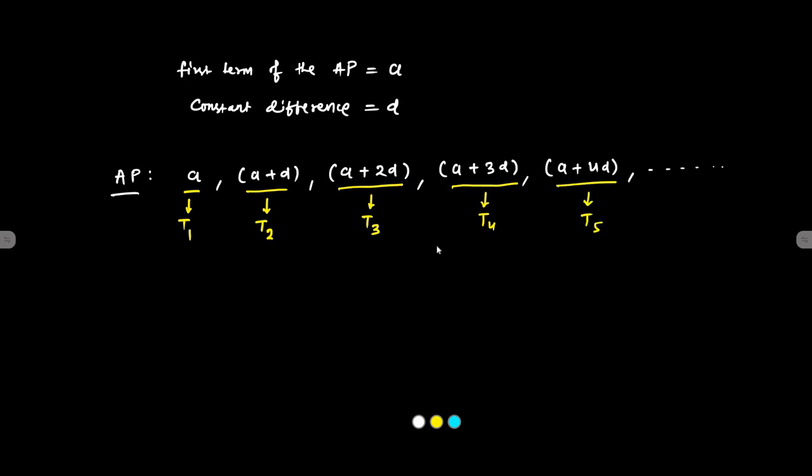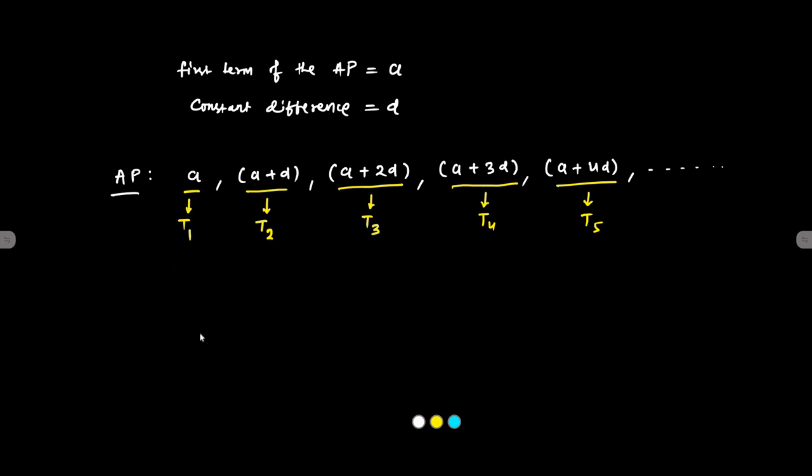So here if you see, there is a particular pattern between the position of the term and the relationship between the first term and the constant difference.